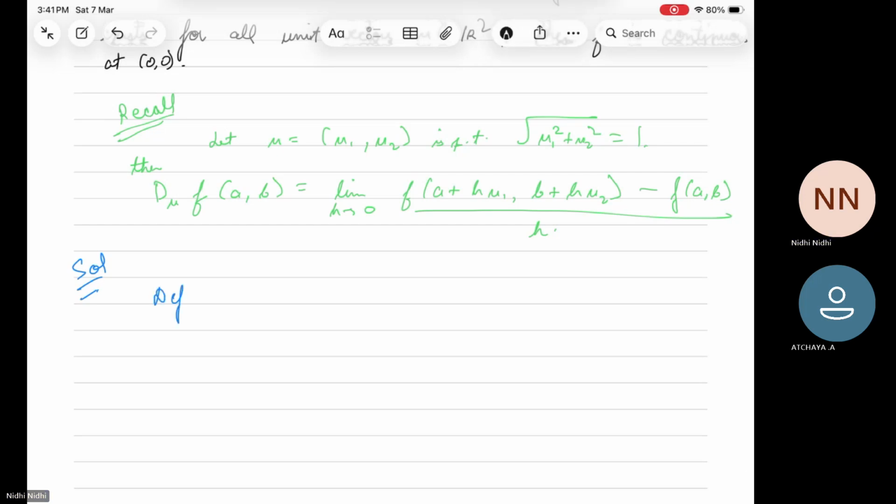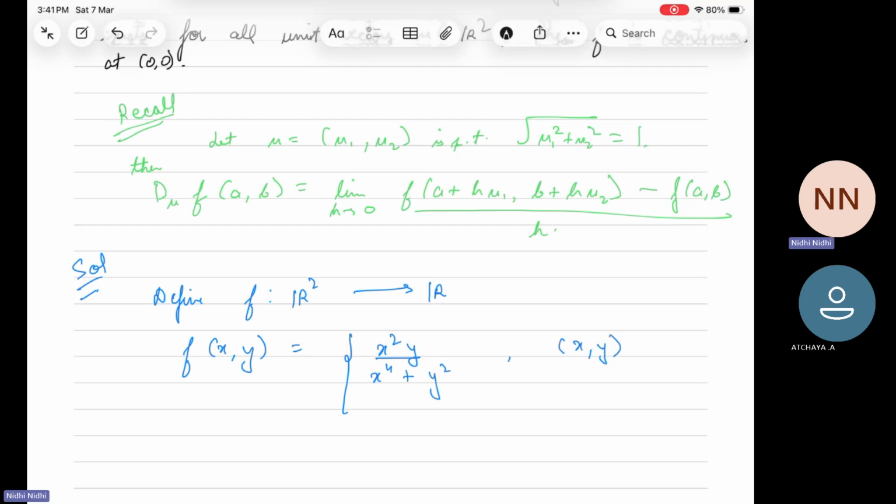Define a function f from R2 to R such that f(x, y) is equal to x squared y upon x to the power 4 plus y squared whenever (x, y) is non-zero, and this is equal to 0 whenever (x, y) is (0, 0).